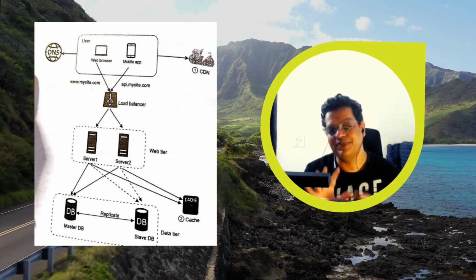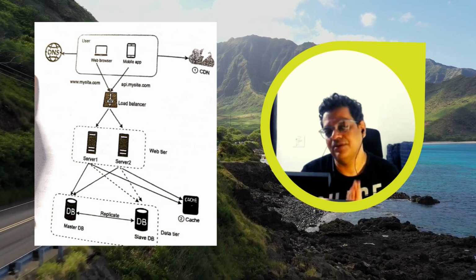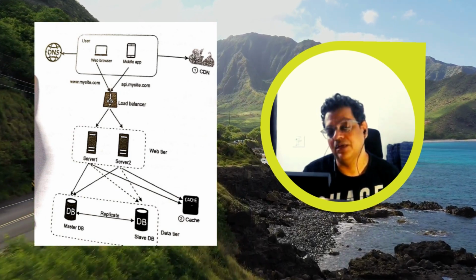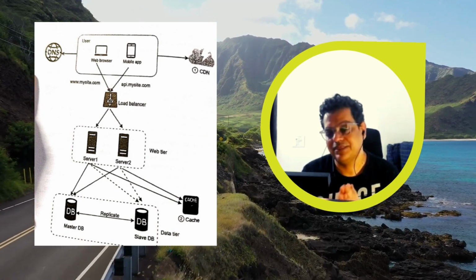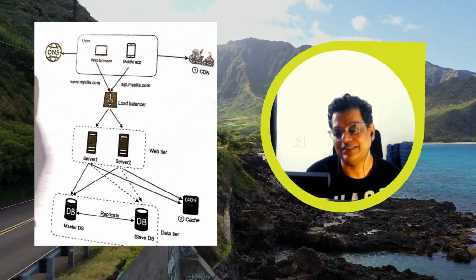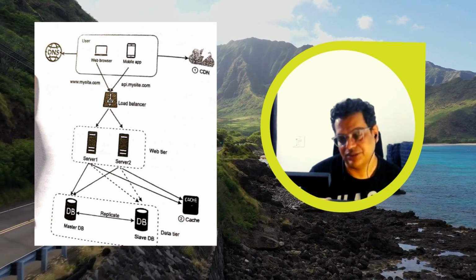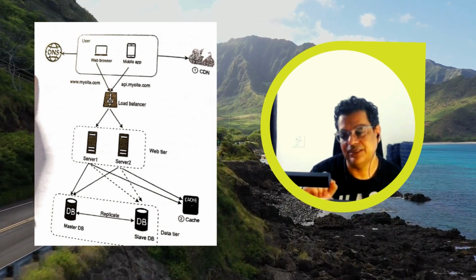So these are the basic structures of your use of caching in your web server, or in any web-based service. In detail, we will cover it in a separate video, and I will share that video link in this video.